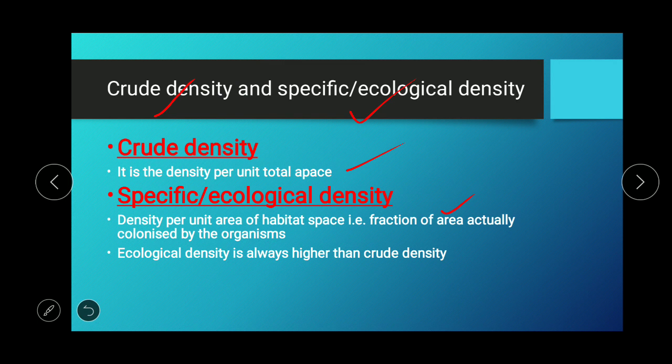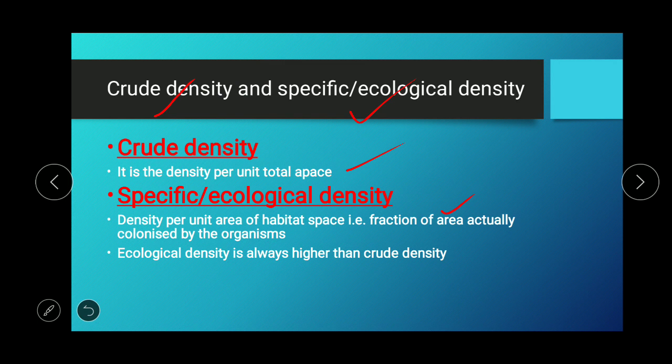For example, there is a forest with an area of 10 square kilometer, and in that there is a small lake with an area of 3 square kilometer. When you are calculating the crude density, you have to take the unit of total space, that is 10 square kilometer. And when you are calculating the specific ecological density for a tiger, for example, we cannot take the lake as the habitat, because a tiger will not reside there.